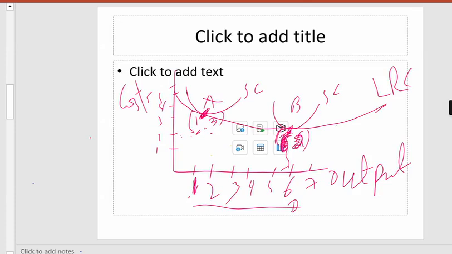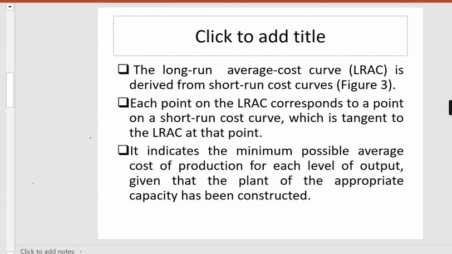Long run represents a variety of points of production. Wacha tuangalie hapa what I'm trying to say here. The long run is derived from short run curves, from short run cost what? For a long run, the cost in the long run is derived from the short run what? Cost.